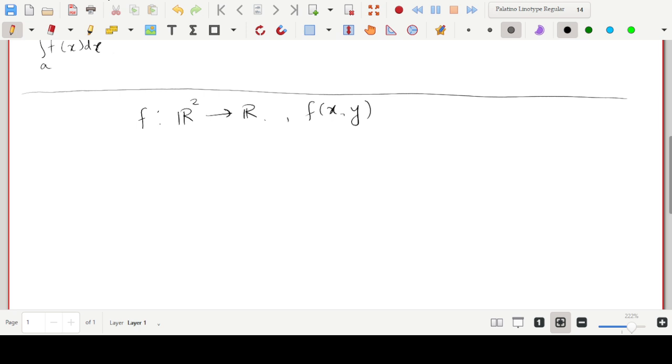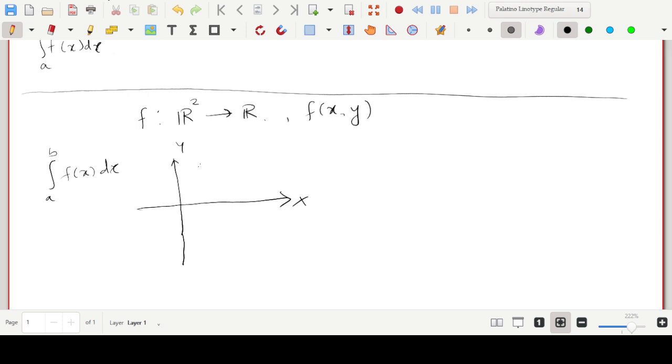Now there is a change in the domain. Earlier a function was defined on R, and therefore we had an interval, and we found the integral of f of x dx over the interval a to b. Now we don't have an interval, instead we have a region, because if we want to draw this domain R2, this is the x-axis and this is the y-axis.